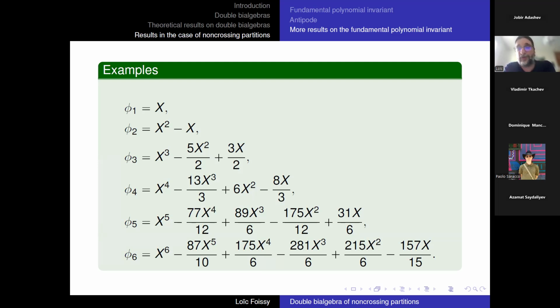It gives you these strange polynomials. The only clear coefficient is maybe the leading one. You observe quite easily this is a polynomial of degree n, and it is unitary. But even the coefficient of x is rather complicated for 6. This is 157 over 15. It is quite a mysterious number.